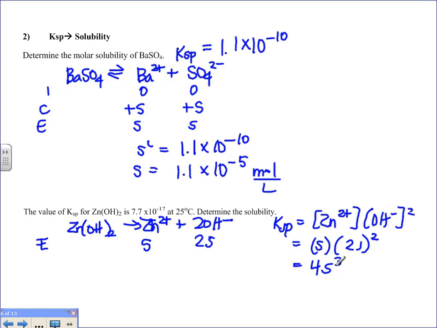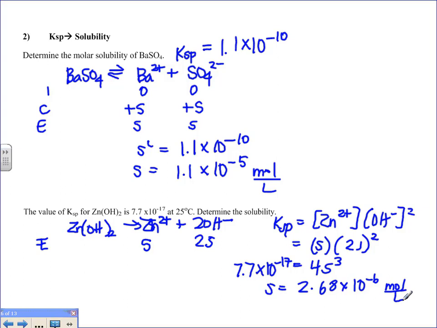When we look up the Ksp value for this, we find that it is 7.7 times 10 to the negative 17. When we solve for S here, we get 2.68 times 10 to the negative 6 moles per liter.